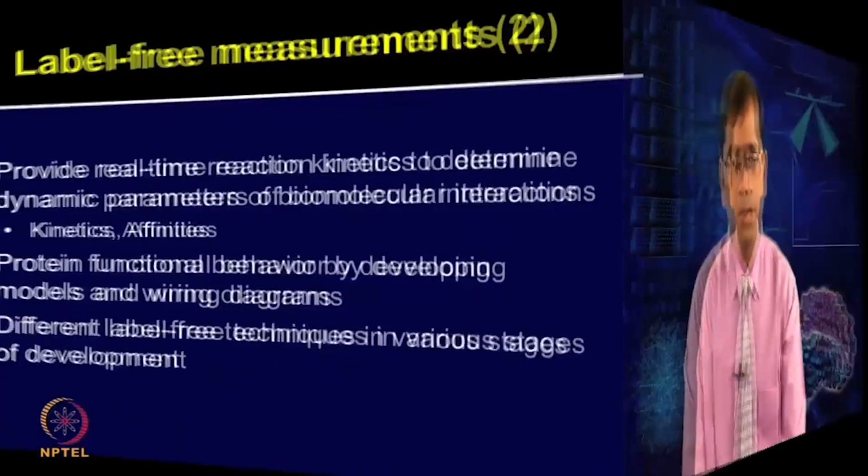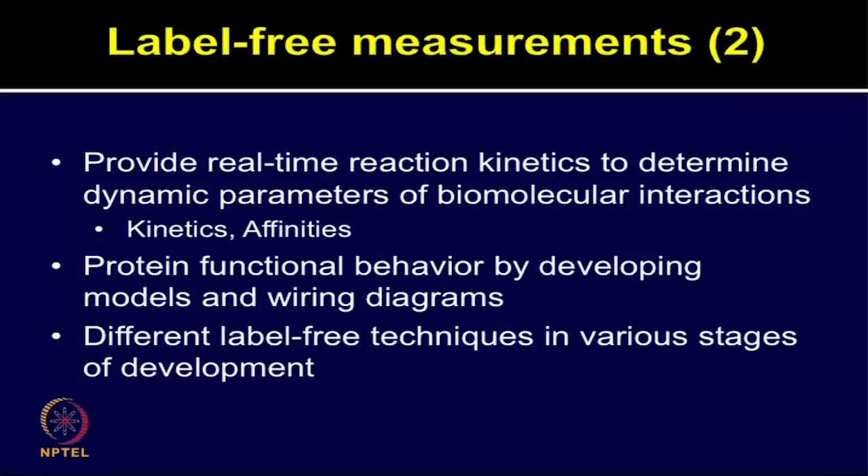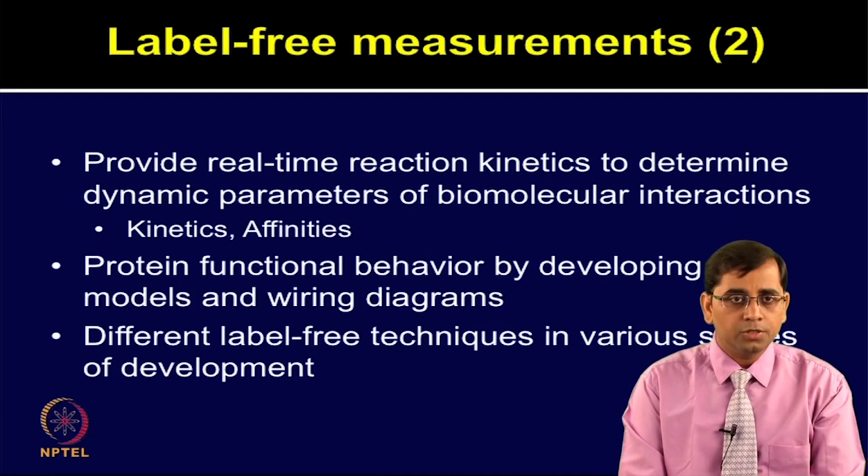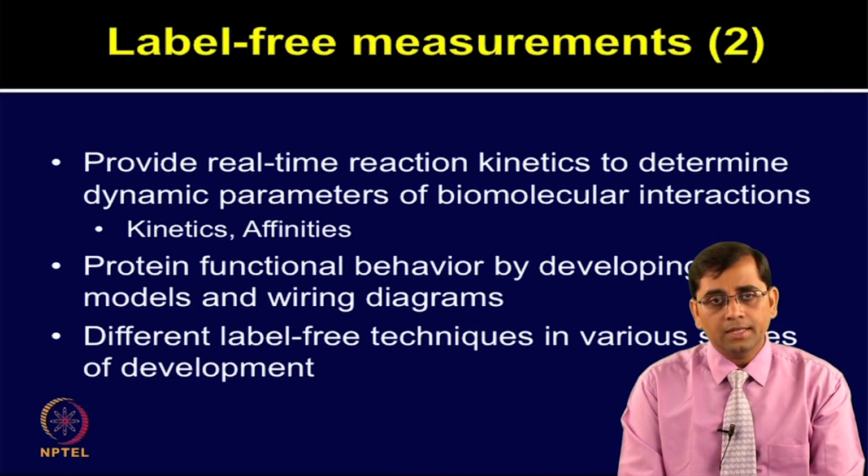As we discussed, label free measurements have many advantages over label based techniques, and one of the most striking advantages is that they can provide real time reaction kinetics to determine the dynamic properties and parameters of biomolecular interactions.